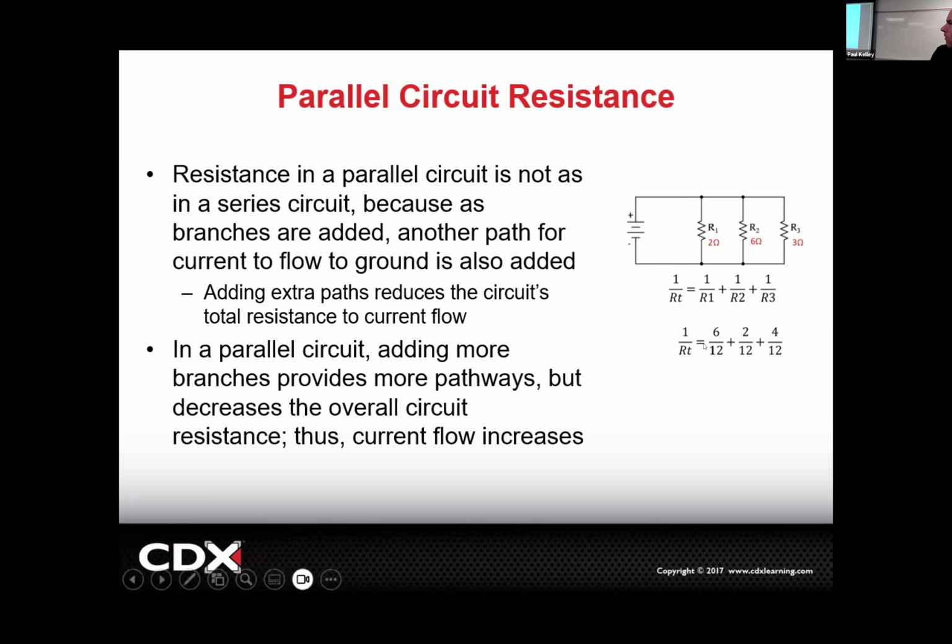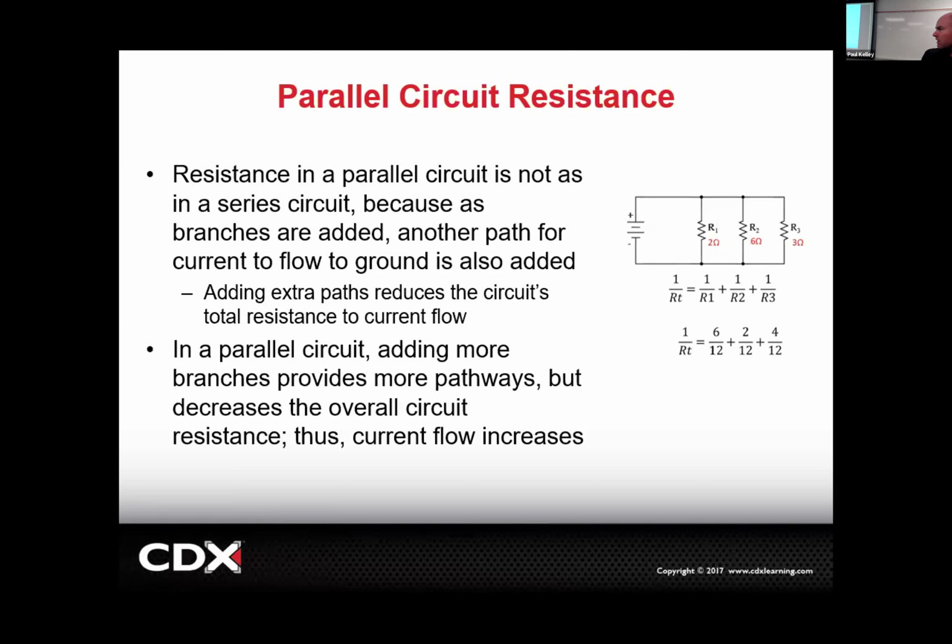One over RT equals. I've seen it done a couple different ways.